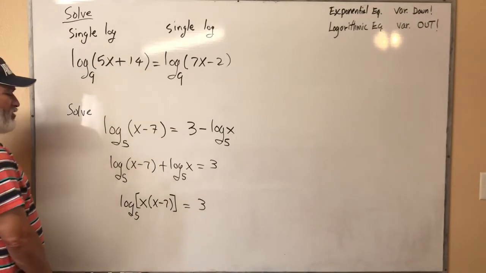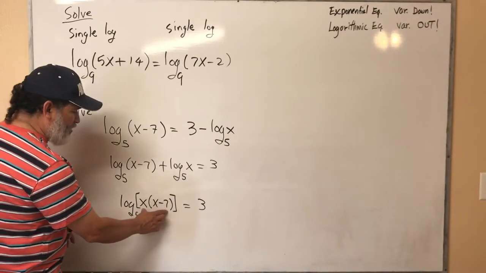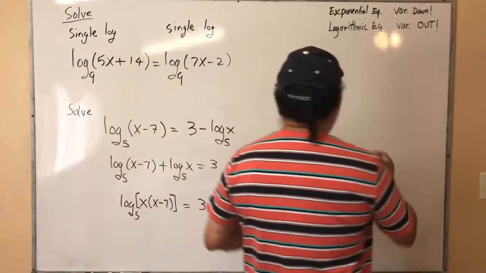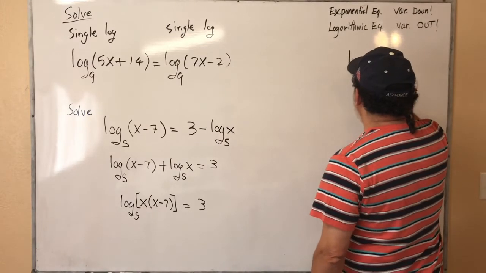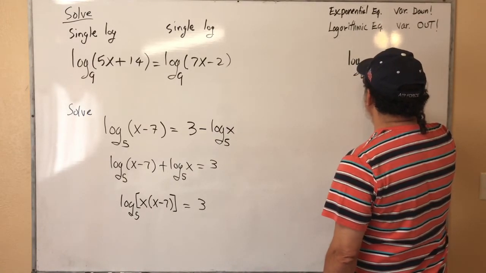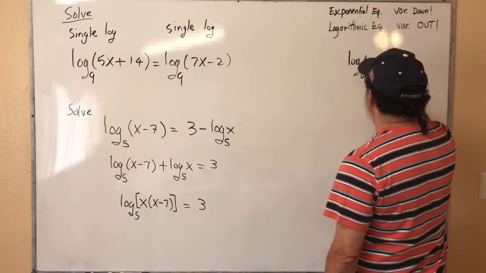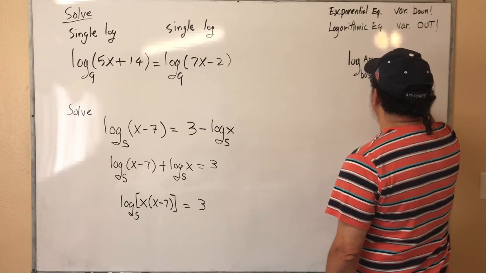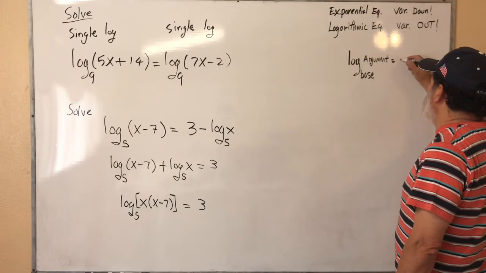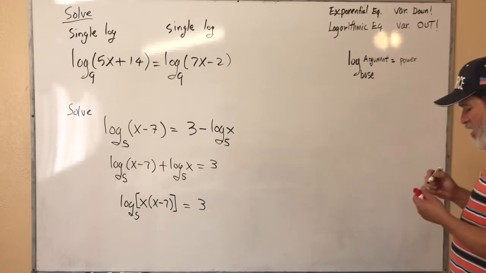So we want a log of an expression equals a constant. That way we can use this rule: log base of argument equals power. You can also say power or constant. Why?